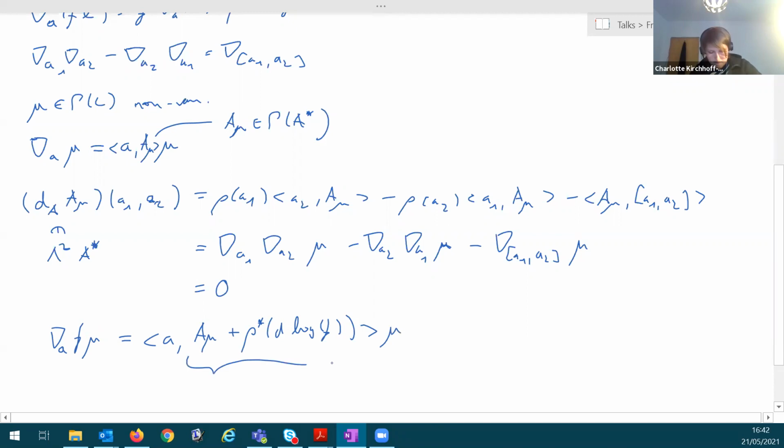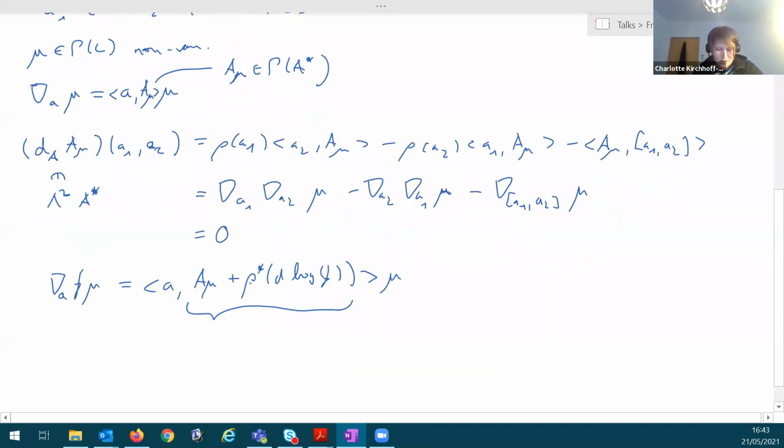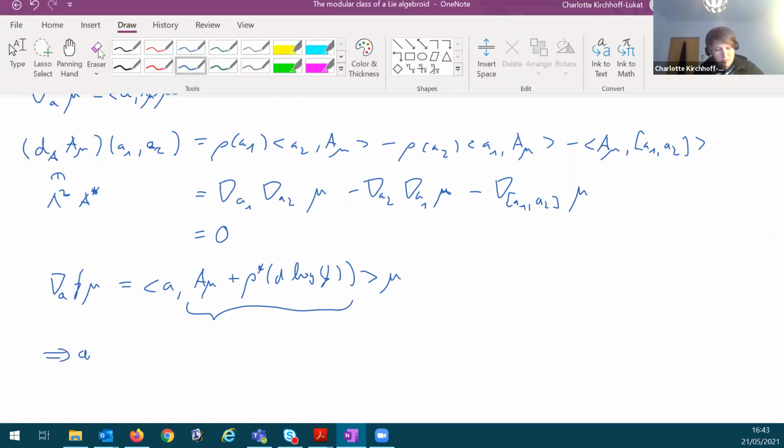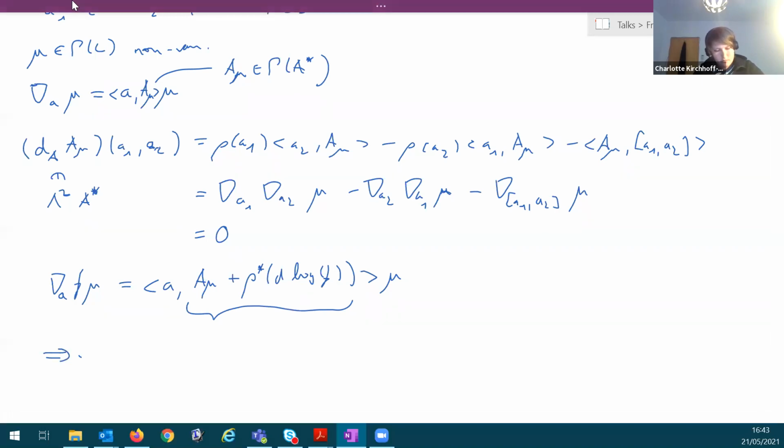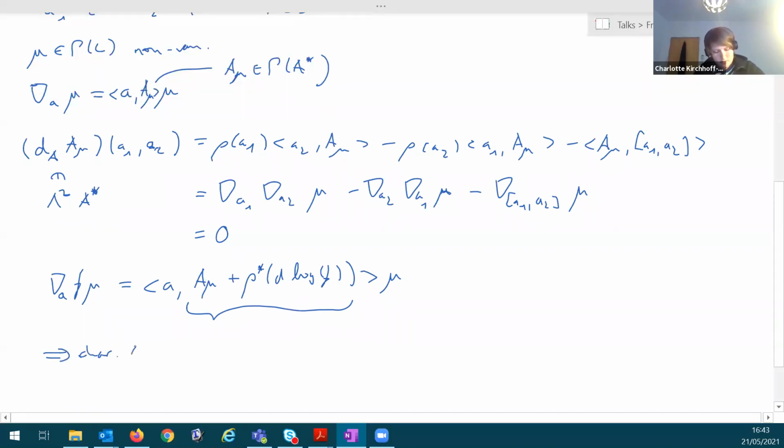So as you can see, the characteristic section will only change by something that's exact in the Lie algebroid complex, and so this characteristic class is well defined as a class in the first Lie algebroid cohomology.